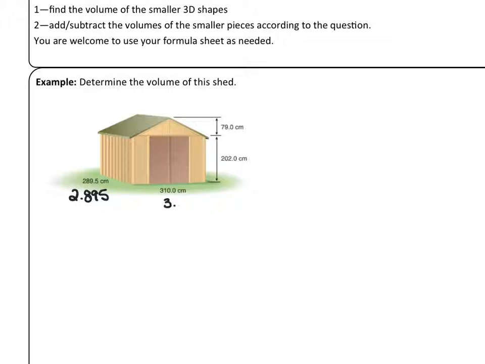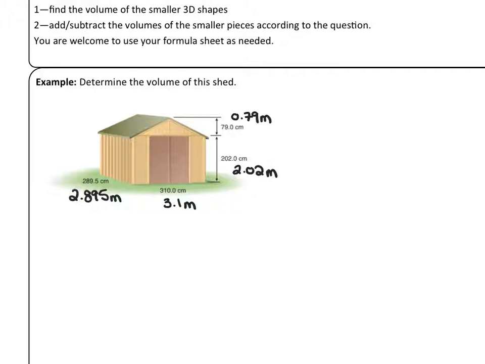This will be 3.1. This will be 2.02. And this will be 0.79. So I've just changed them all to meters instead of centimeters, because otherwise the centimeters get really big numbers when we do that.